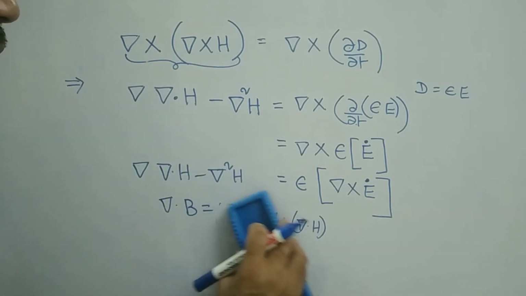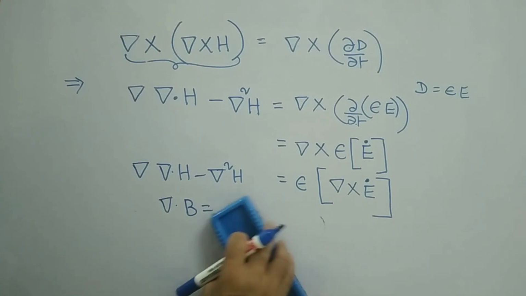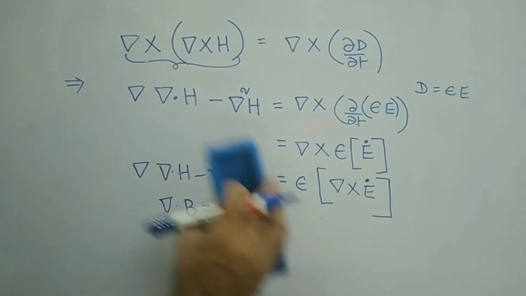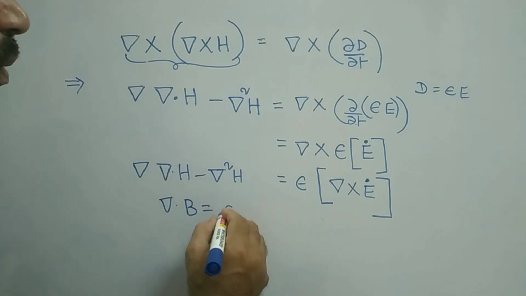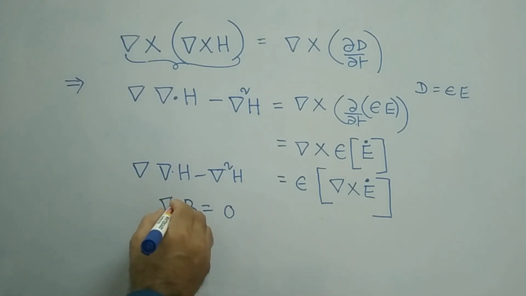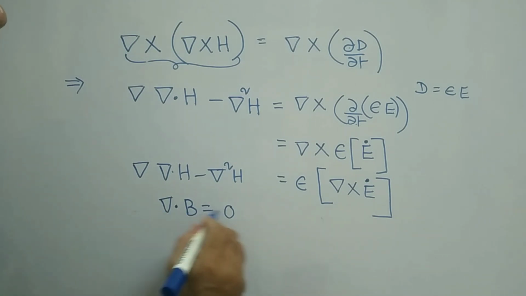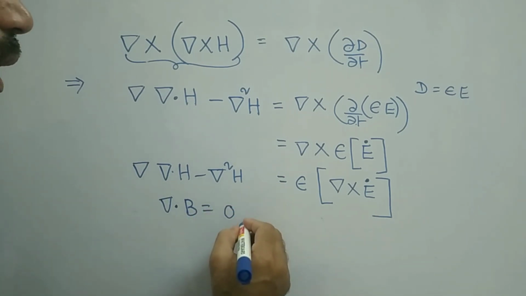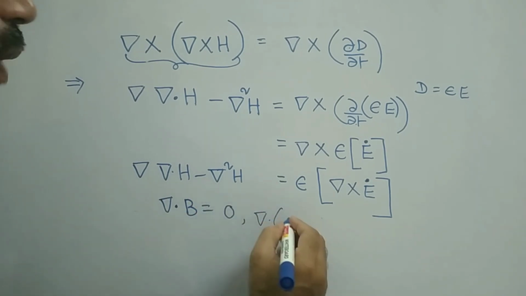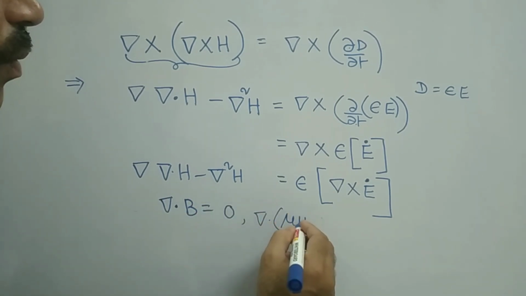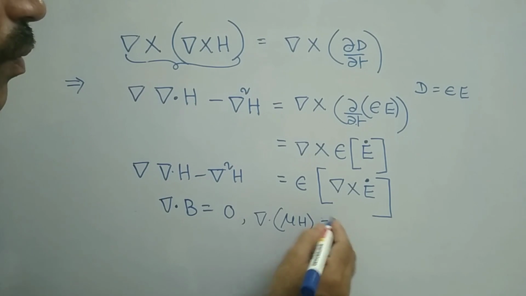Otherwise, you can write it in a very simple manner: from the fourth Maxwell's equation, del dot B is equal to 0, which is the Gauss law for the magnetic field. Now in place of B, substitute mu H, so del dot mu H equals 0.